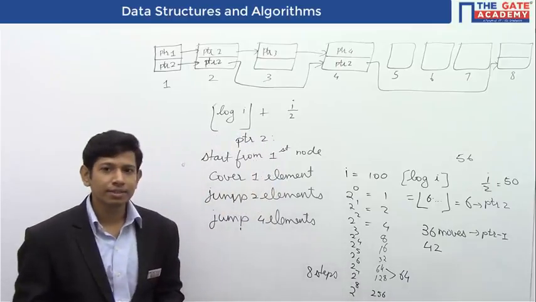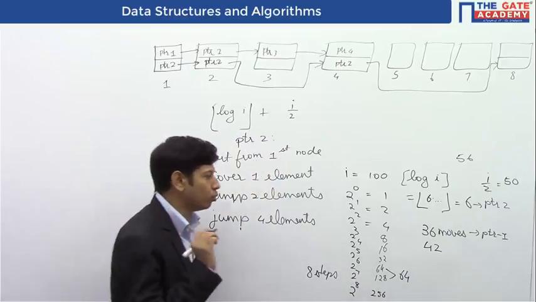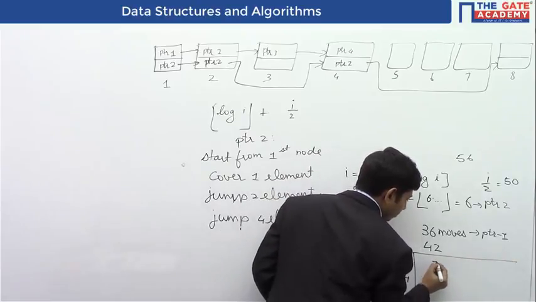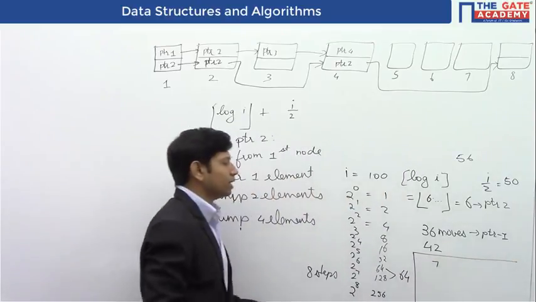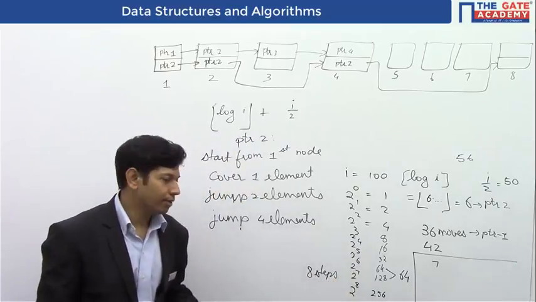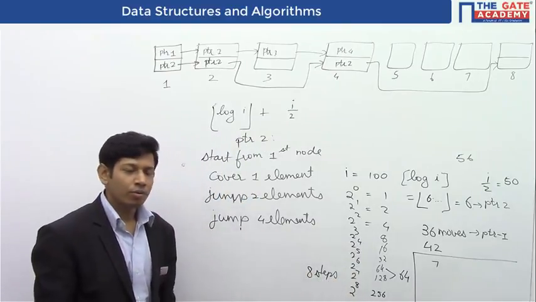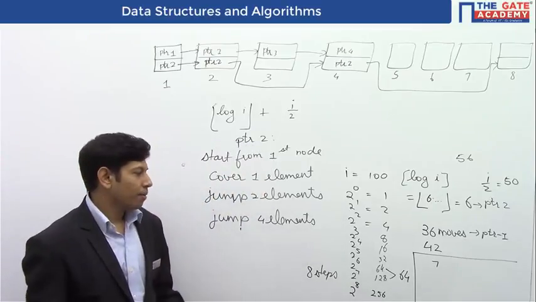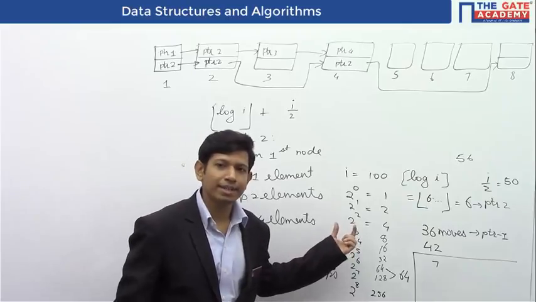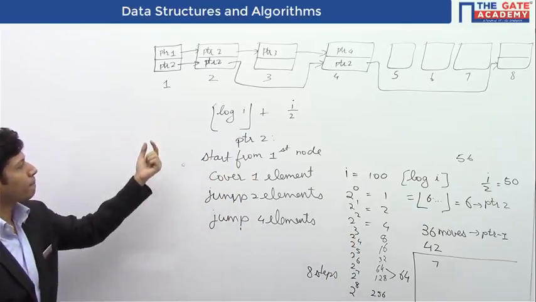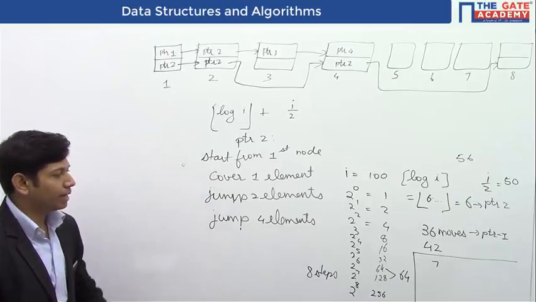So we have consumed 7 moves. 7 moves have been consumed using pointer 2 and we have reached 128. Now, what can be the maximum limit that we are allowed? Here, log I we have obtained as 7.